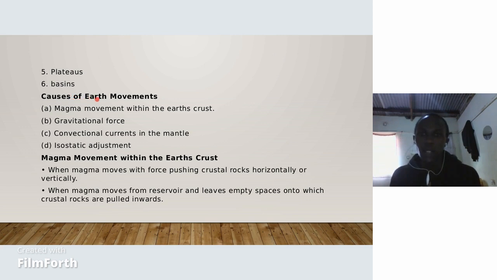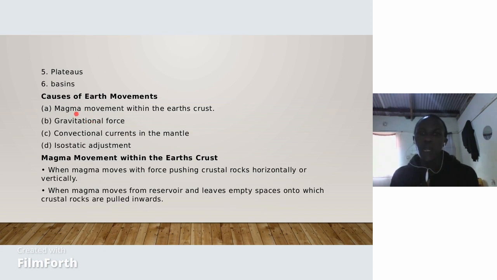Let's look at causes of earth movement. Earth movement causes magma movement within the crustal rock. It also involves gravitational force.